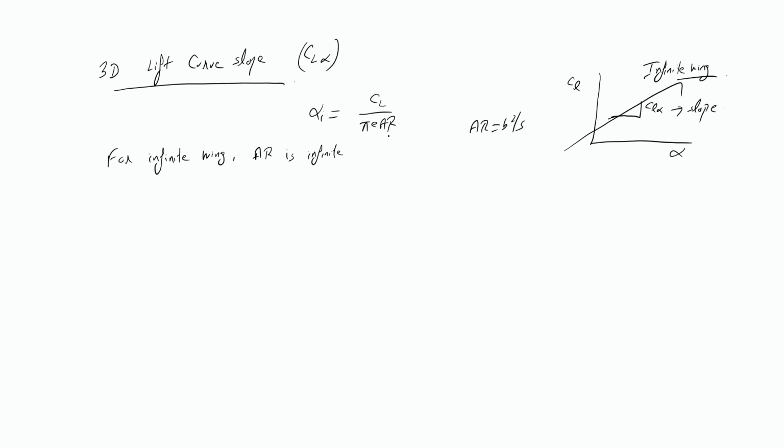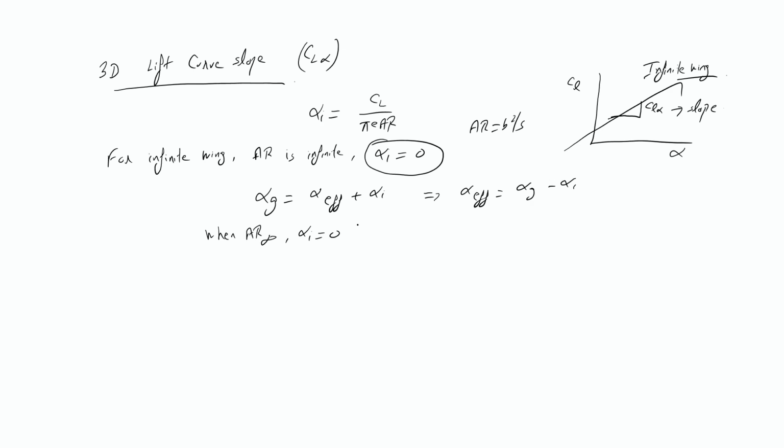Alright. Then if this is infinite, then alpha I will be what? Then alpha I obviously will be 0. Okay. Then remember the alpha G expression was alpha effective plus alpha I. Then we found alpha effective to be alpha G minus alpha I. So when aspect ratio is infinity, alpha I equals 0.